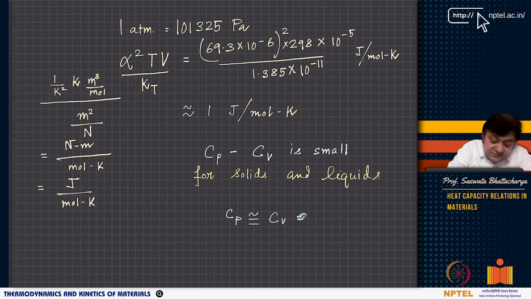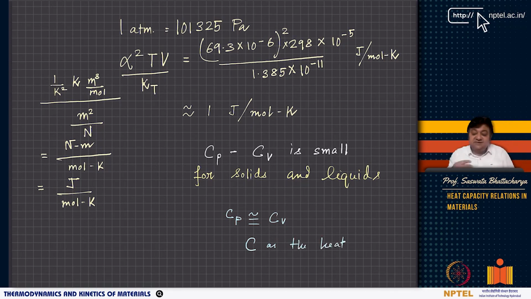We neither use Cp nor Cv, but directly call it C, the heat capacity, meaning Cp minus Cv is small.